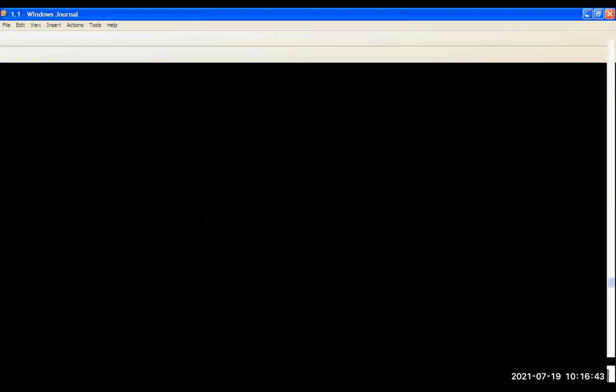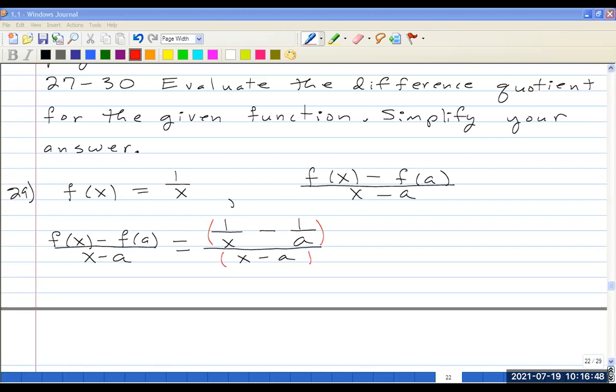Let me multiply and divide both sides of my equation by, well, let's try to find a common denominator. I want to get rid of the fraction in the numerator. So let me multiply and divide by the least common denominator, which is xa.